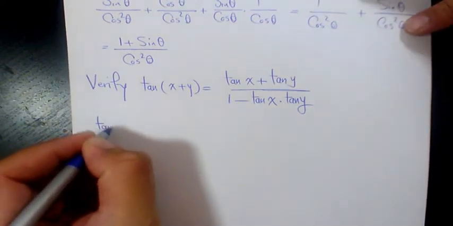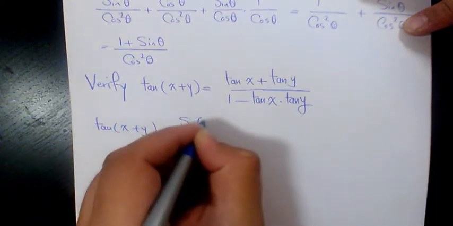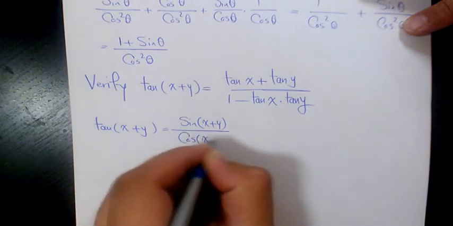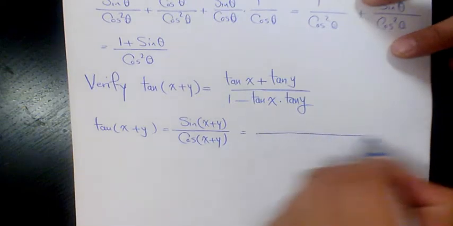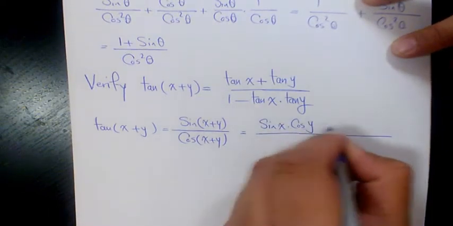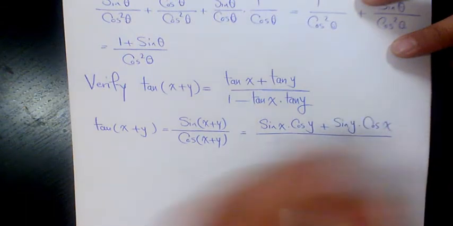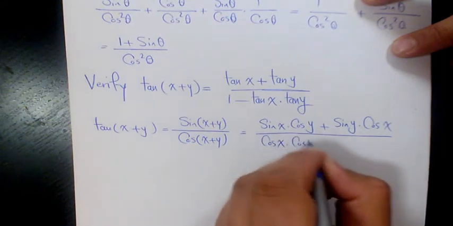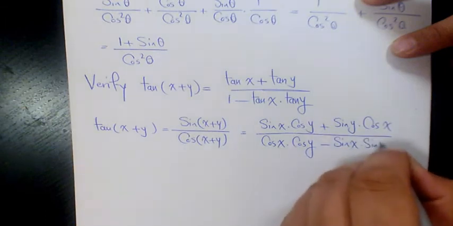So tan of x plus y will be sine of x plus y over cosine of x plus y, which when you expand it, we had it before, sine x cosine y plus sine y times cosine x over cosine x times cosine y minus sine x sine y.